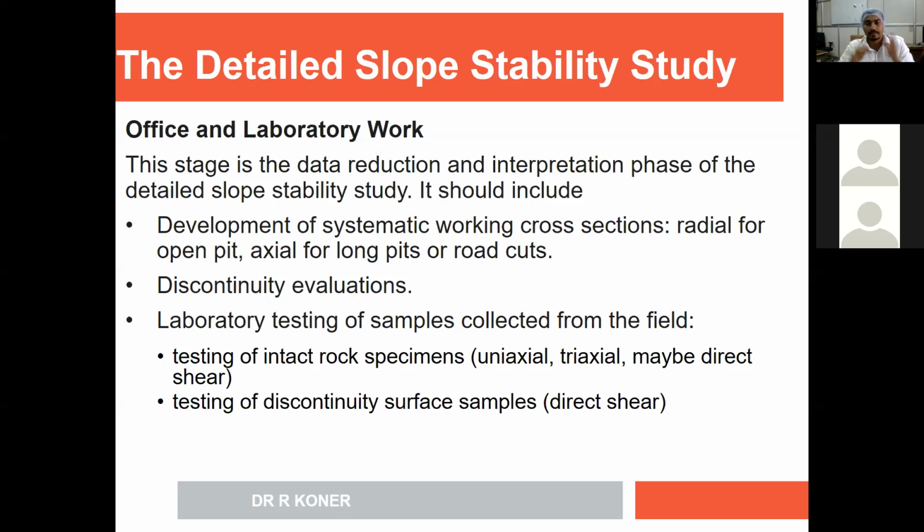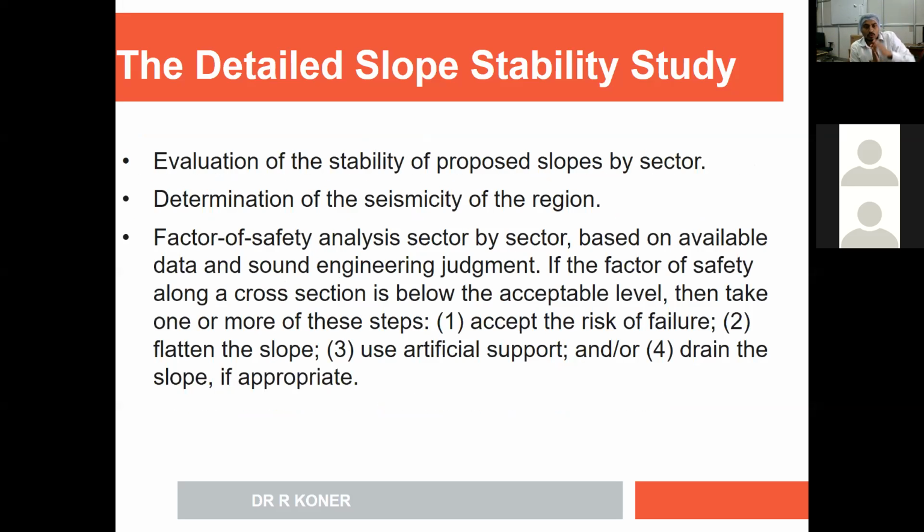Yes, sir. Now, after doing all these things, we will evaluate the stability sector by sector. We have already explained the concept of sector. In a total mine field, if you have observed 6 different zones with 6 different types of rock properties, you will subdivide these into approximately 6 sectors. So you will determine the stability of sector 1, sector 2.